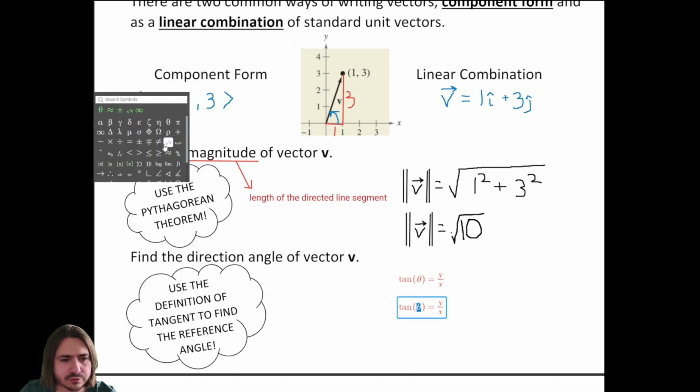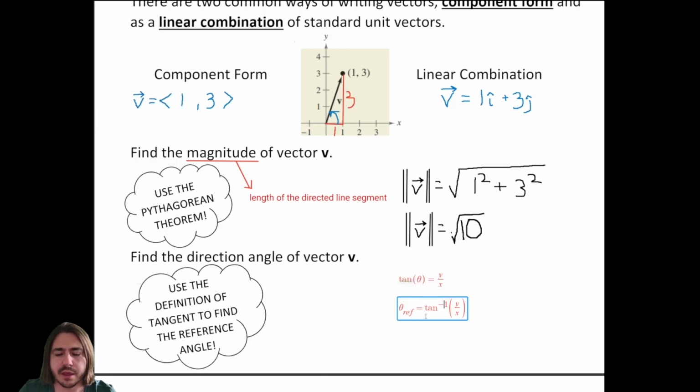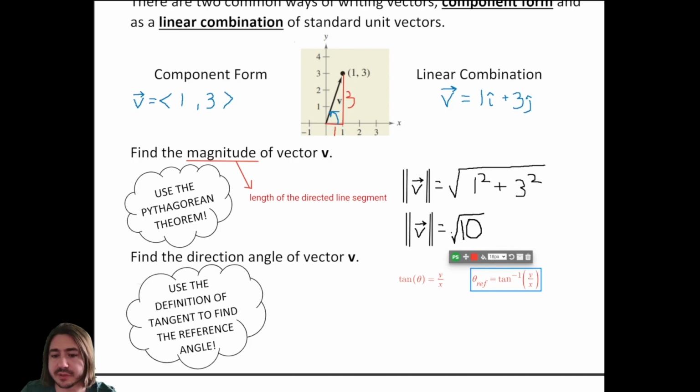The reference angle is going to be equal to the inverse tangent of the ratio of the y component divided by the x component. Now, depending on which quadrant you're in, we will use the reference angle to find the actual direction angle by doing something a little different.